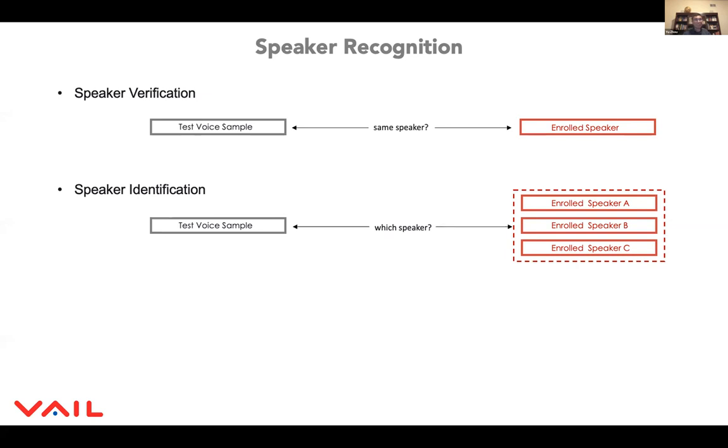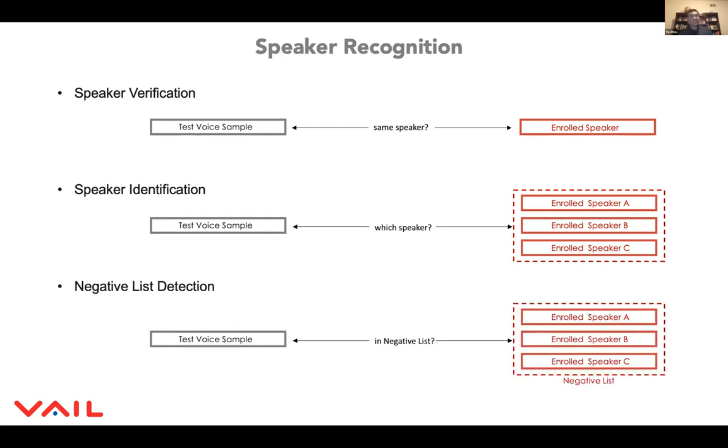Speaker verification determines whether a test voice sample and a known speaker sample in the database belong to the same speaker. And speaker identification is trying to determine which speaker in the database of a list of known speakers matches the test voice sample.